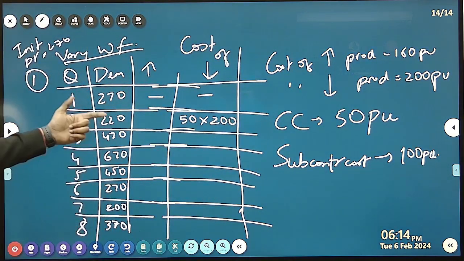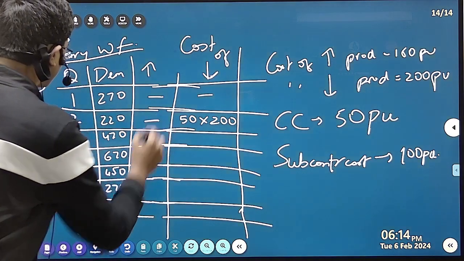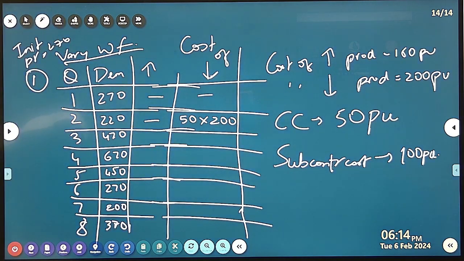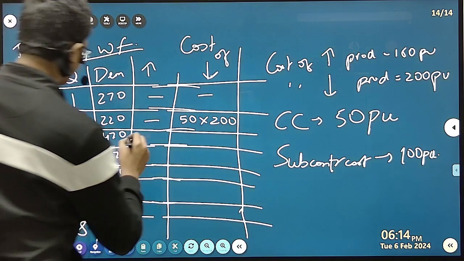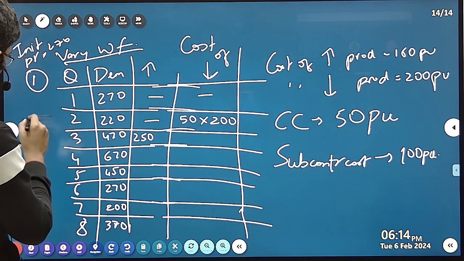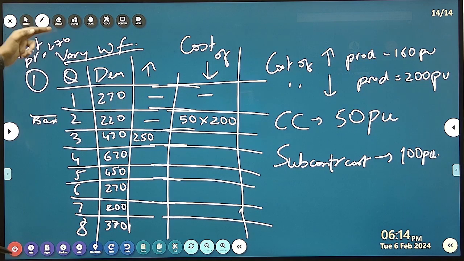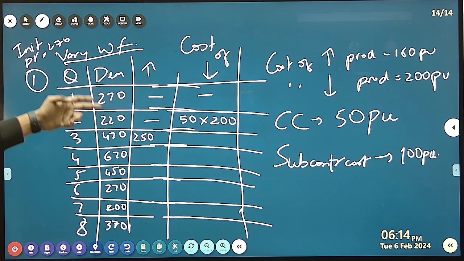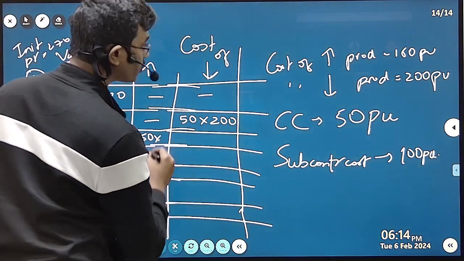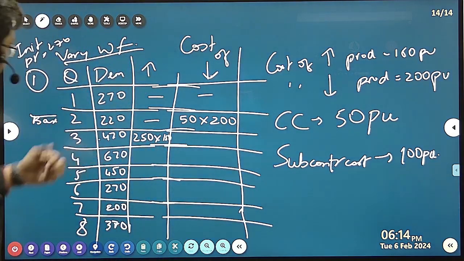Right. Now from 220 we are going to 470. So that is how many units? 250 units. So now this is our base level. Okay. So we will calculate from the previous level, not from the top, right? Because we have already reached 220, we have decreased our production, and now we are increasing it from 220. So this is 250 into 150. Now we are again increasing 200 units.